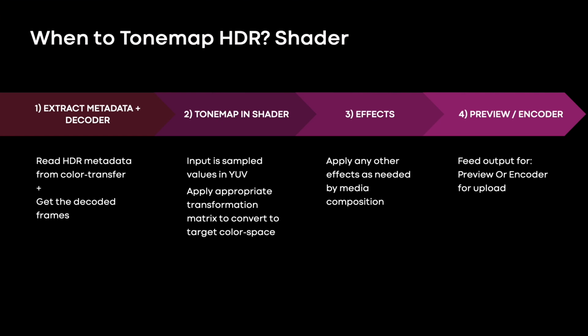So this is our upload pipeline. As we can see at the decoder, we have extracted the metadata to read the HDR properties, and we have the decoded frame. Here, we also come across the shader that receives the sampled values in YUV format. Hence, this is the perfect place to apply any mathematical transformations.